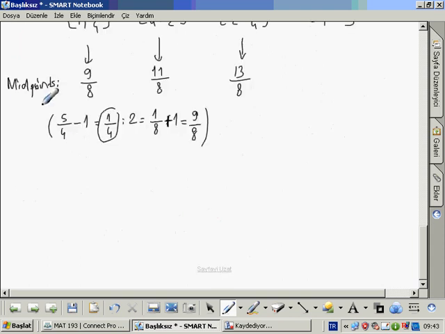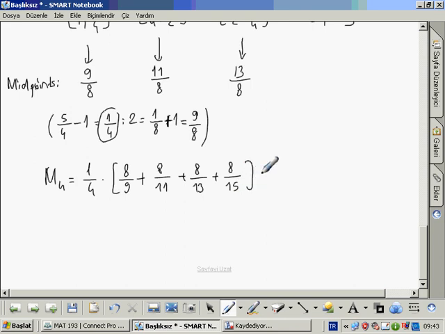That means M4 equals h times, which is 1 over 4 times, the f of midpoints: 8 over 9 plus 8 over 11 plus 8 over 13 plus 8 over 15, and you will find 0.69121989.